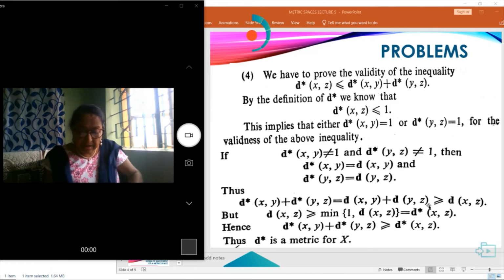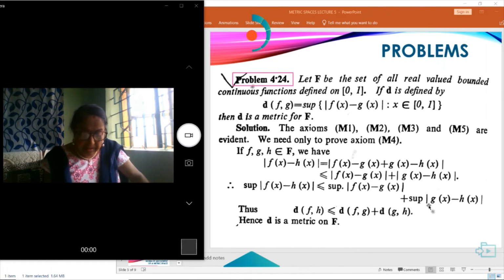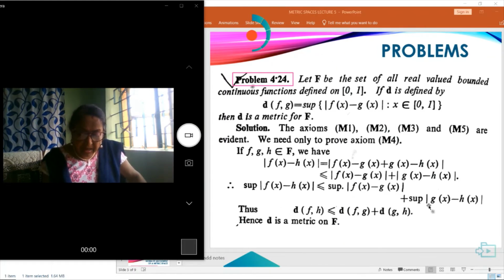Now, another problem. Let F be the set of all real valued continuous functions defined on the closed interval [0, 1].